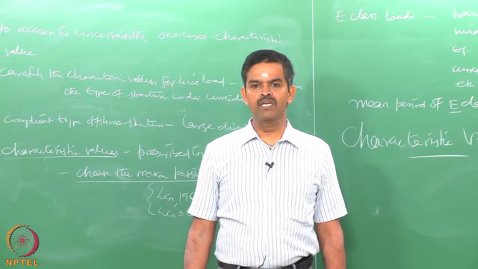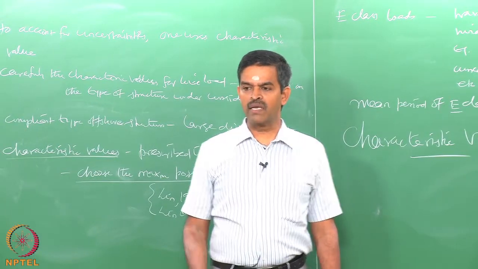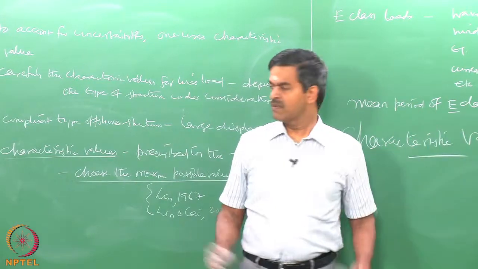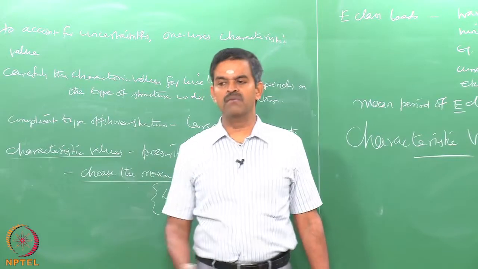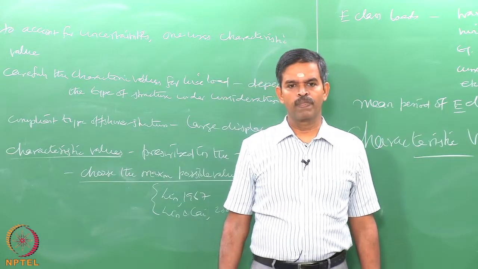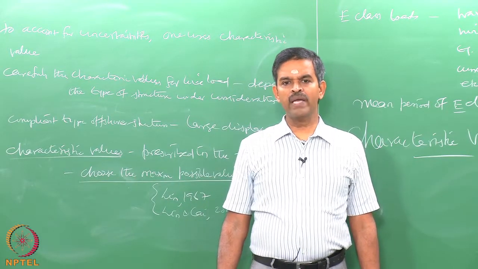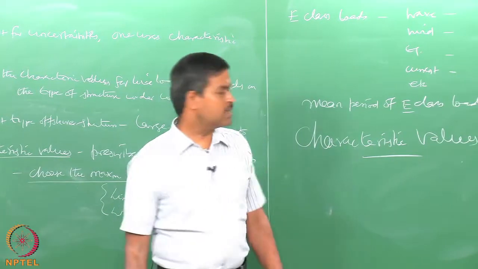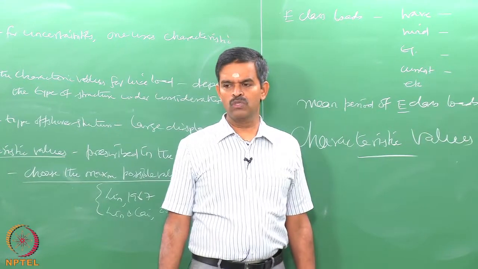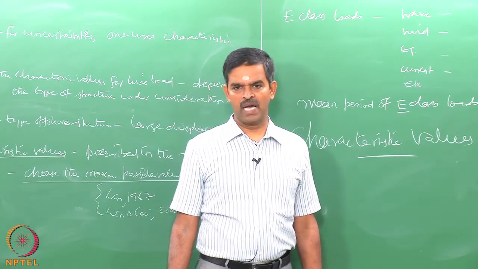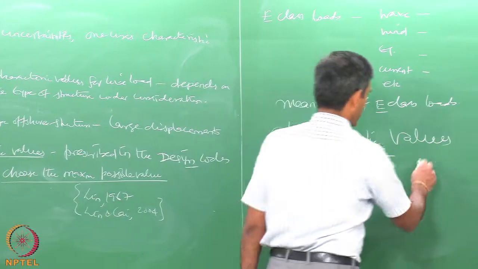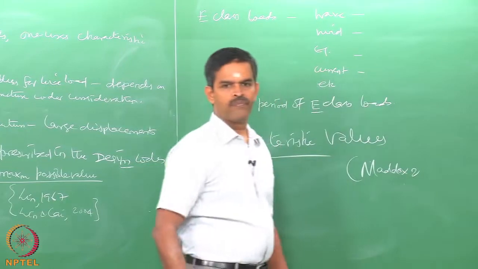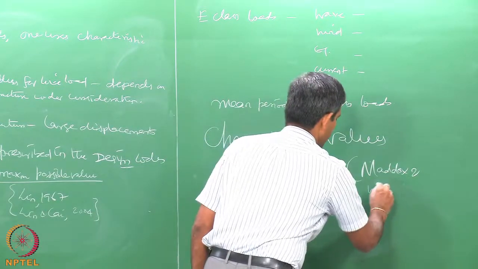So, one should have enough knowledge and carefully choose characteristic values associated with each class of loads as advocated by the design codes. So, a variety of uncertainties arise in all class of loads. Characteristic values of course are used to account for these uncertainties as given by Maddox and Wildenstein.